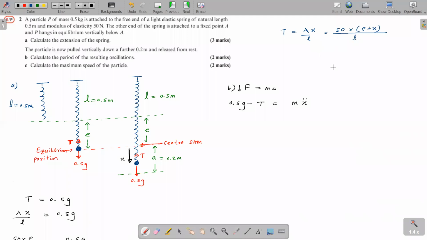Okay, so let's input that value. So 0.5g minus tension, that's 50 into E plus x over L, equals mx double dot. Do we know the mass? Mass is 0.5, right?